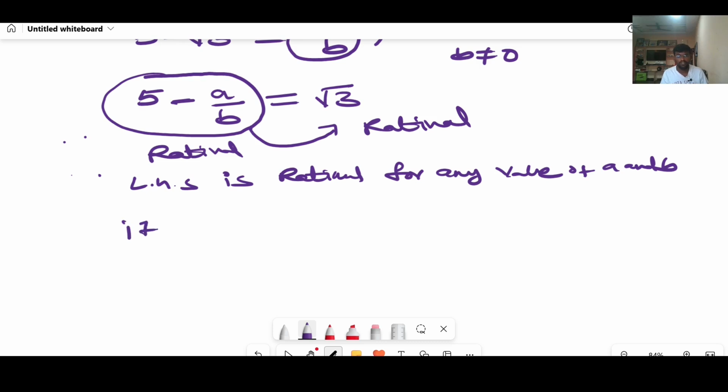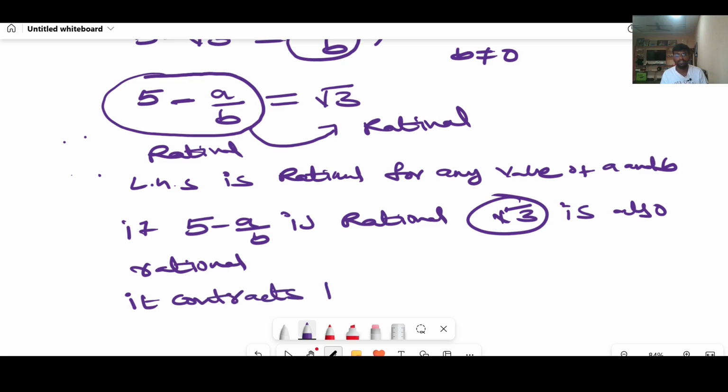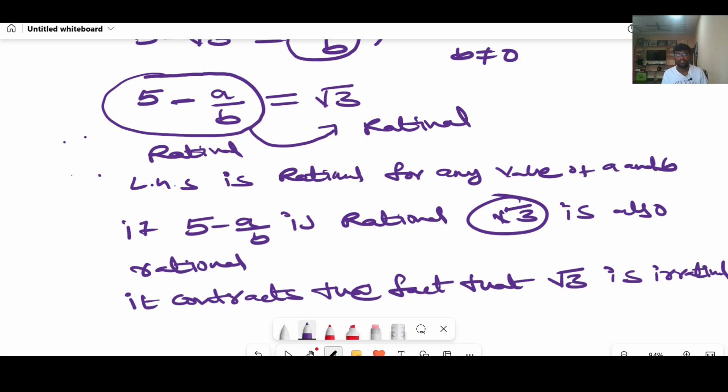If 5 minus a by b is rational, root 3 is also rational. But we know that root 3 is irrational. It contradicts the fact that root 3 is irrational.